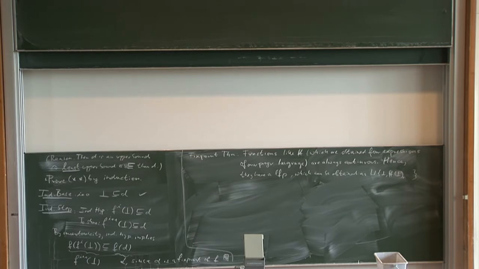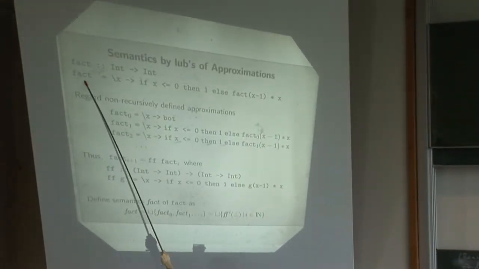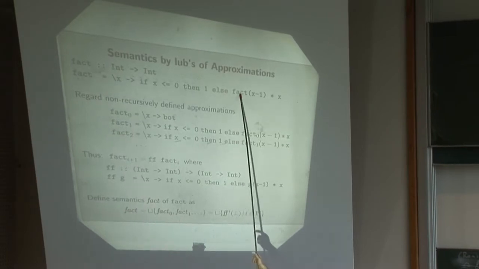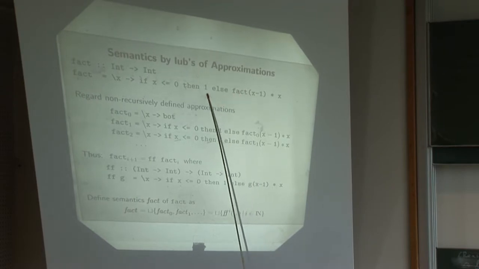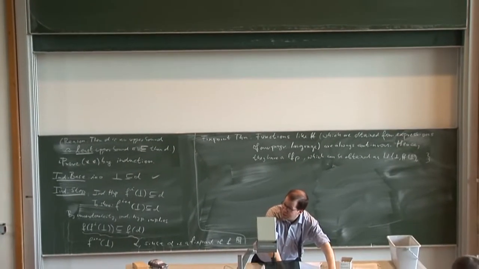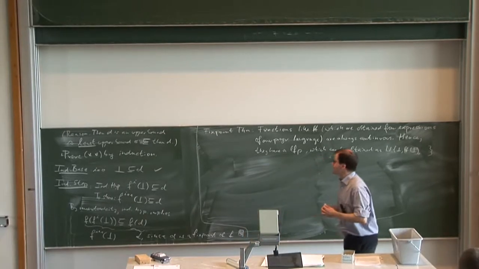So this equation means the semantics of fact must be a function such that if we replace fact by this actual function, it should be the same as the right-hand side when we replace fact by this actual function. So these equations are constraints, and these constraints say how the semantics of this function looks like. And the fixed point theorem guarantees us that these constraints have a solution.